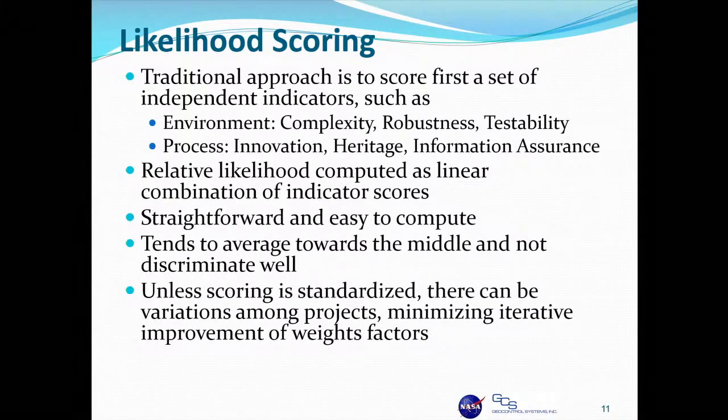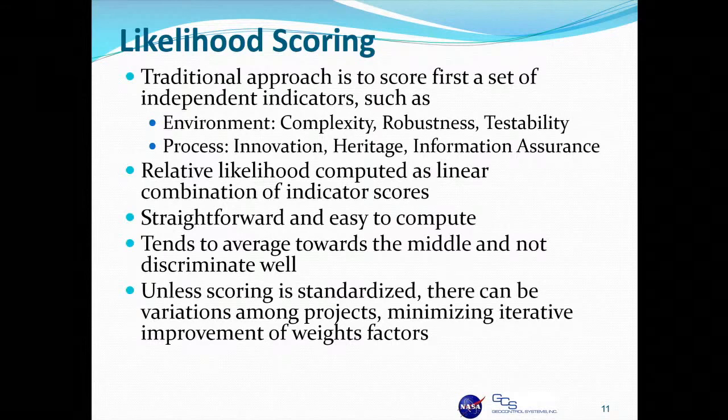And then the process characteristics have to do with the software development process: the amount of innovation in the process, the heritage, and the information assurance are the characteristics that are currently being used. Those 6 characteristics have evolved over the years of the IV&V Center because they've been found to be pretty good indicators of whether something is likely to have a problem or not.